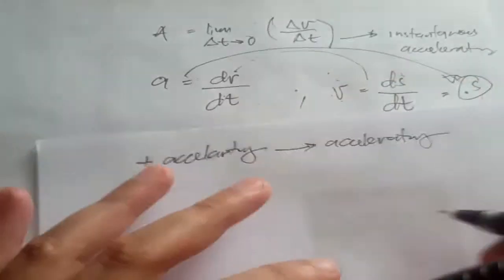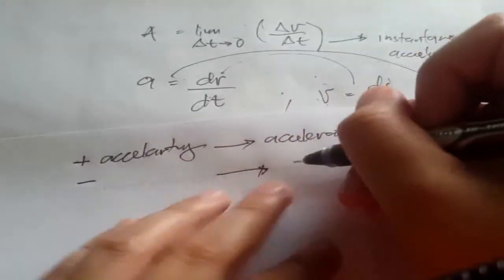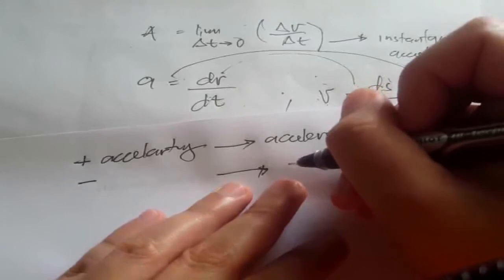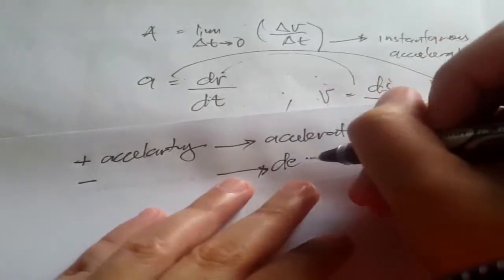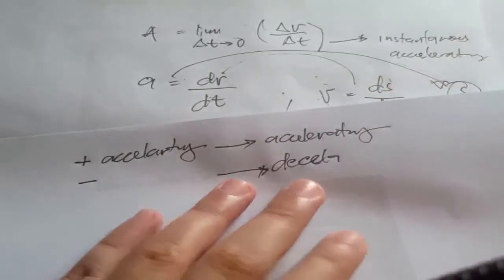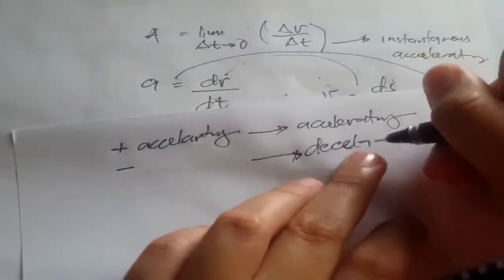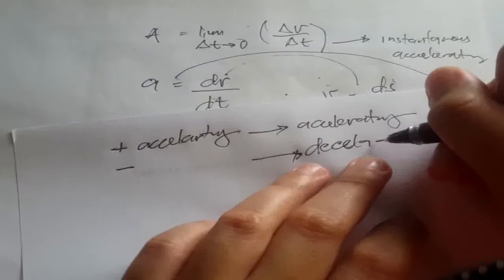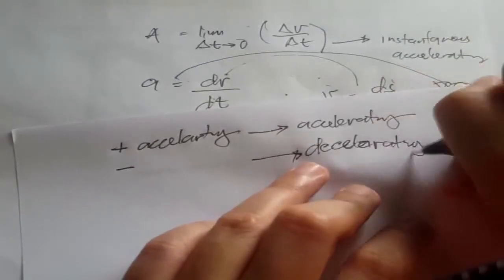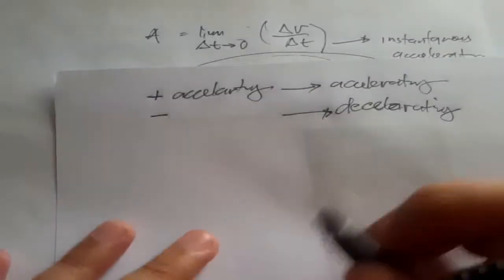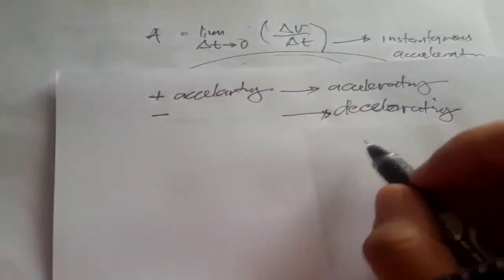If we have a negative acceleration, then we say that the particle is decelerating. One is accelerate, one is decelerate. Okay?